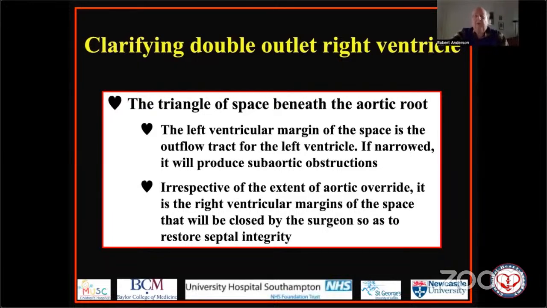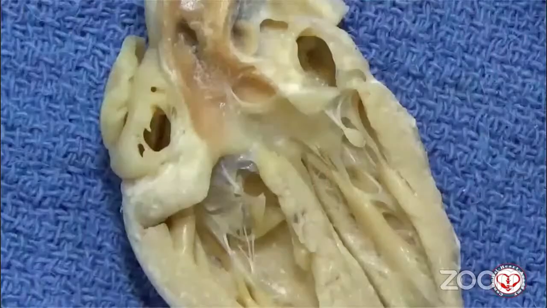And we're going now to look at that right ventricular entrance to the aortic root when we have more or less 50% override, but when we have almost exclusive origin of the aortic root from the right ventricle in the setting of tetralogy. So now let's ask Diane to show us those two arrangements.